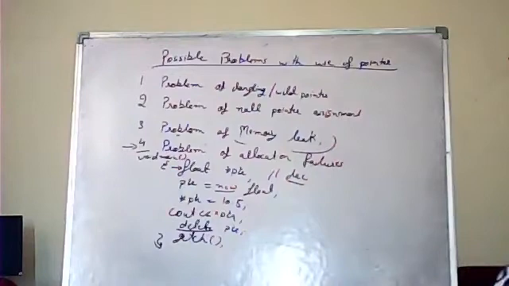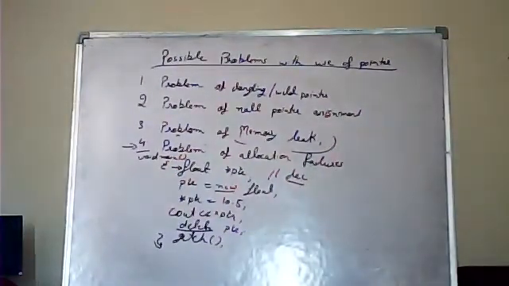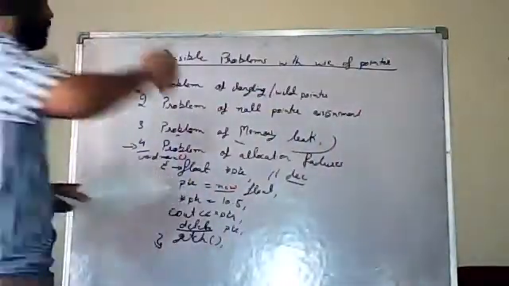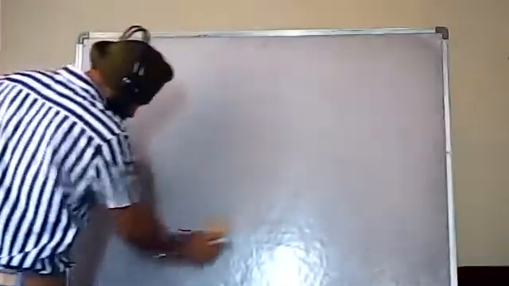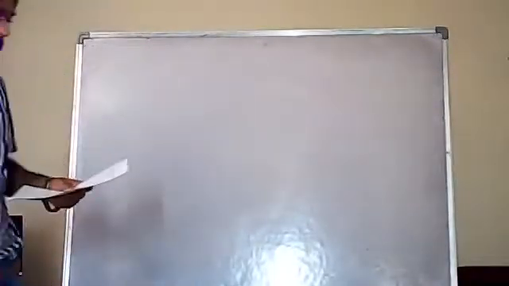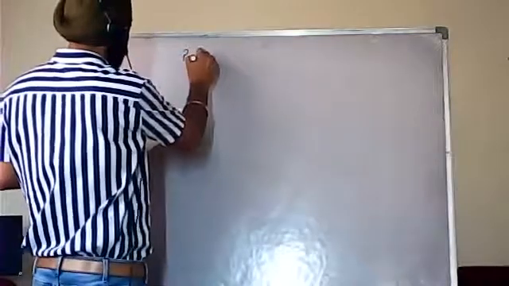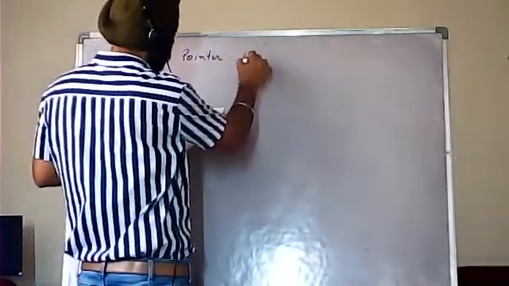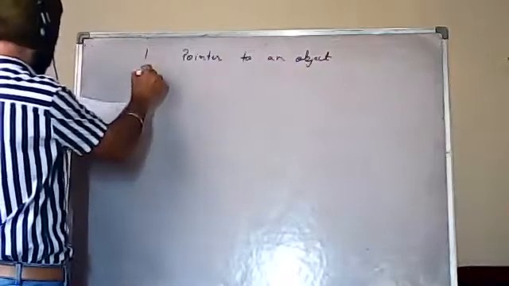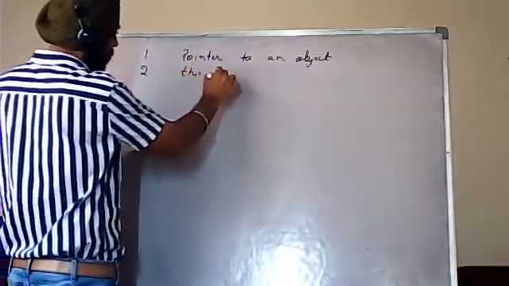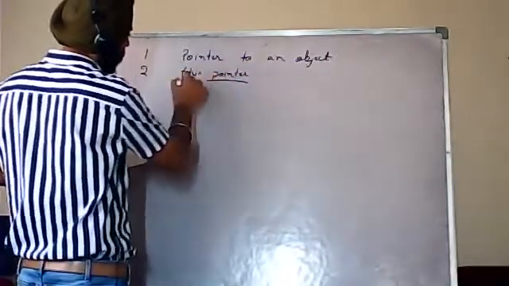I am going to tell you about the pointer to an object, and second, the this pointer, because there is another way to declare pointers. One is the pointer to an object, and second is the this pointer.